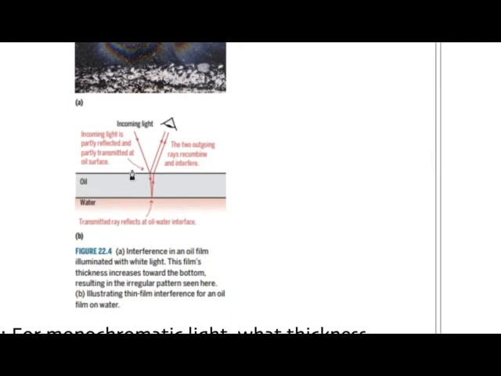So the thickness of the oil will determine, and the wavelength will determine if the two outgoing waves are in phase or out of phase, constructively interfering or destructively interfering.